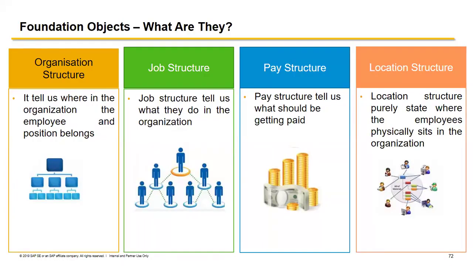Different grades or different types of employees will have different pay structures. Interns will only get a stipend, whereas workers will get some pay structure. Managers will have a different pay structure. CEOs will have a different pay structure. So pay structure tells about what an employee gets paid.